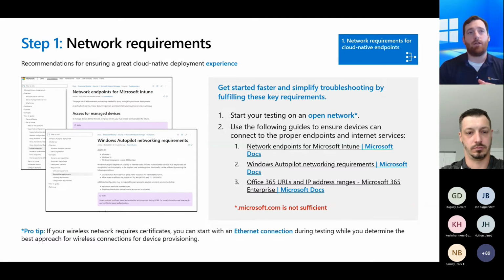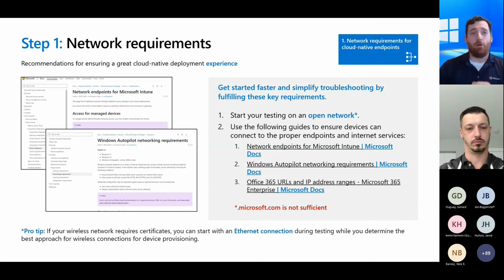We've got two documents in here: the network endpoints for Microsoft Intune and the Windows Autopilot networking requirements. These documents are going to give you all the ports, URLs, and IP addresses that you need to exclude from your firewalls and your content filters, to ensure that we have proper communication to those endpoints. Before you get started, just follow these two docs. It's going to save you a lot of trouble and a lot of headaches later down the road.